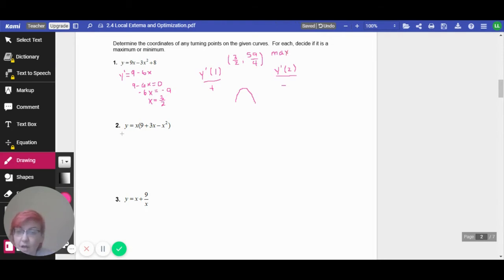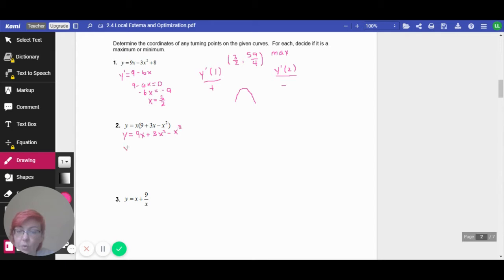Here, I am going to distribute that x. So y is equal to 9x plus 3x squared minus x cubed.